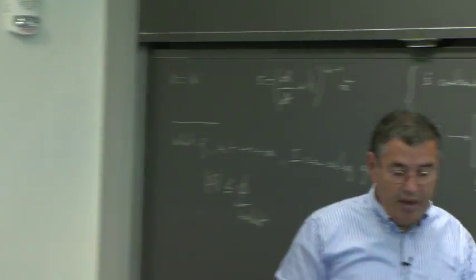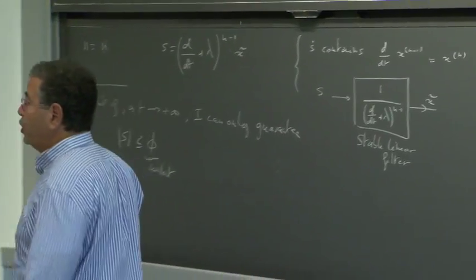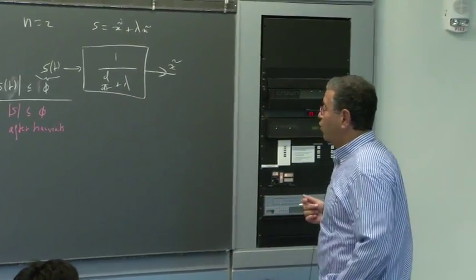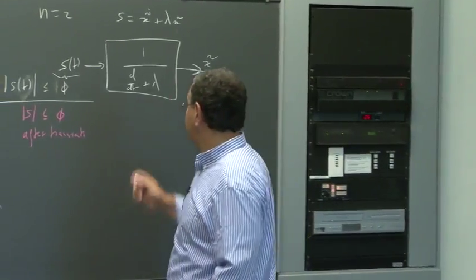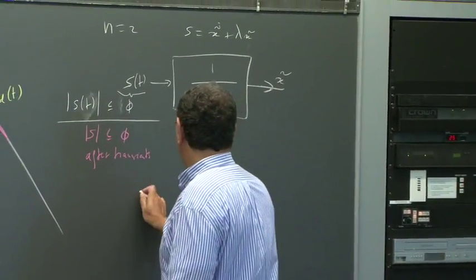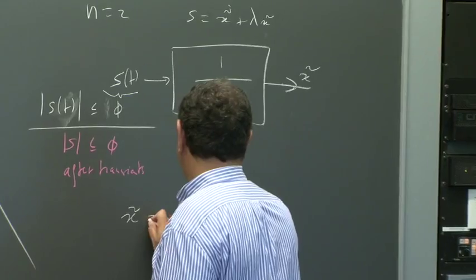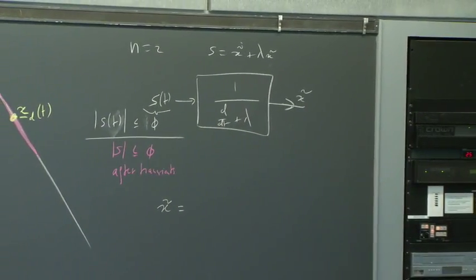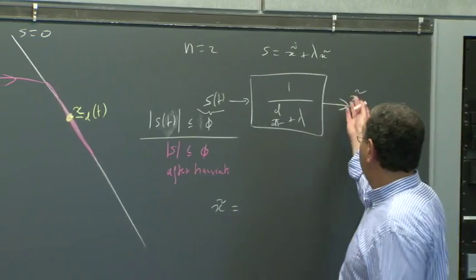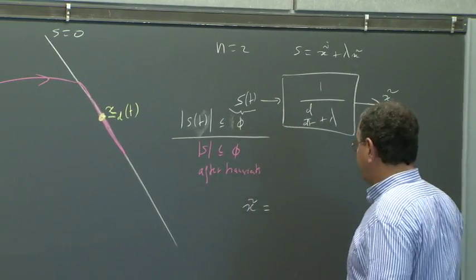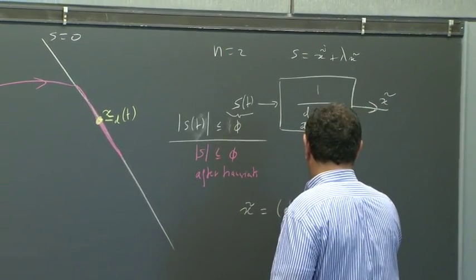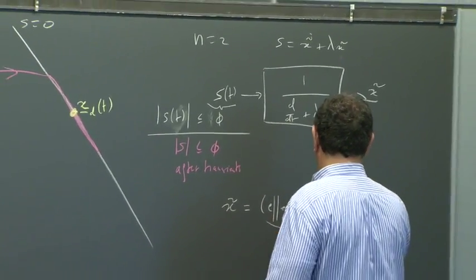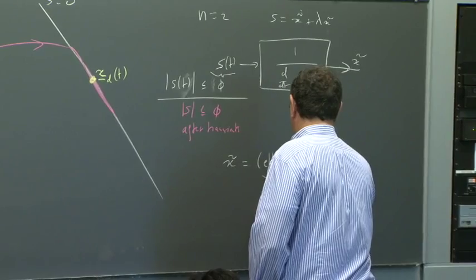So if we have this input, and actually we did this little calculation last time when we talked about differential inequalities, it's basically the same calculation. If we have this input, it is giving us this output x tilde, which is the effect of initial condition. This tends to 0 because lambda is positive.